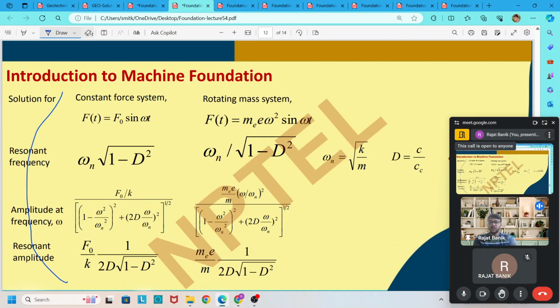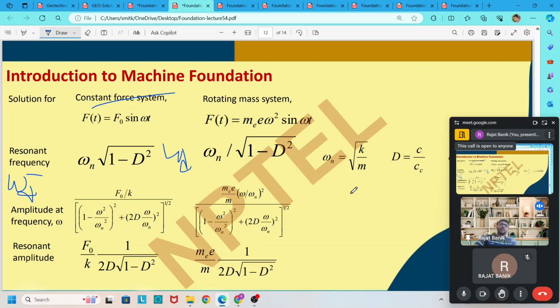So you see one thing here: the resonance frequency for the constant force system is omega d equal to omega n root over 1 minus d square. But for the rotating mass system, omega d is equal to omega n divided by root over 1 minus d square.